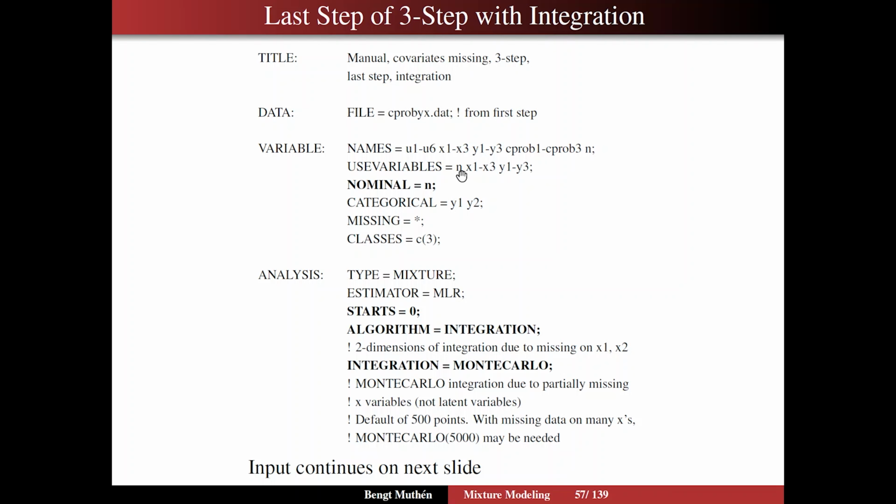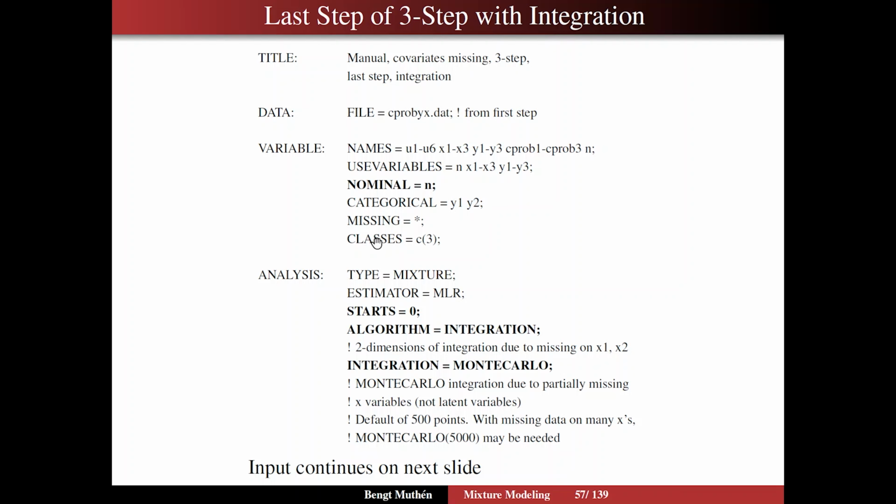But with 3-step, we also have the nominal variable, most likely class, that we call n here for simplicity. So that's declared as nominal. What's categorical? Well, y1 and y2 are. But we don't have the possibility of declaring x1 as categorical, despite the fact that it's binary, and that was a disadvantage of this method.